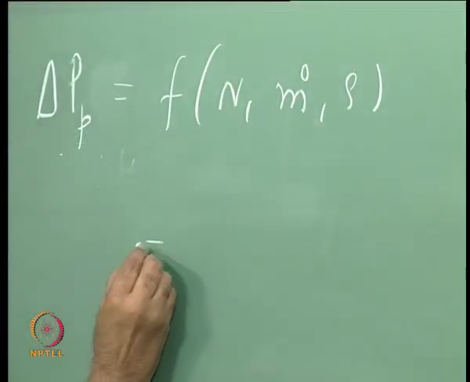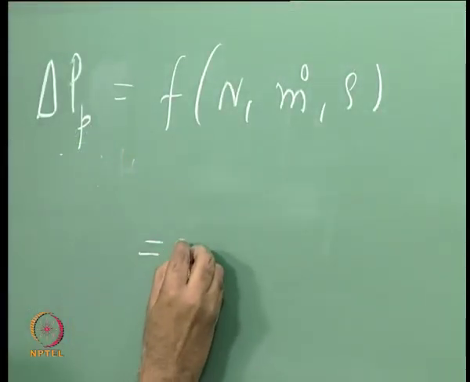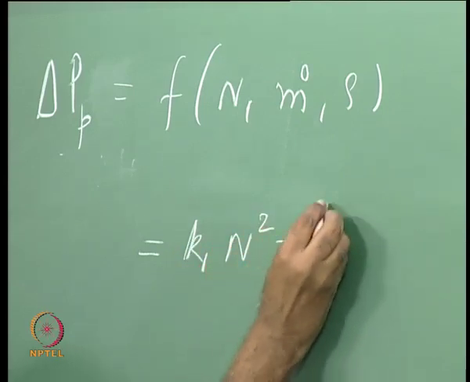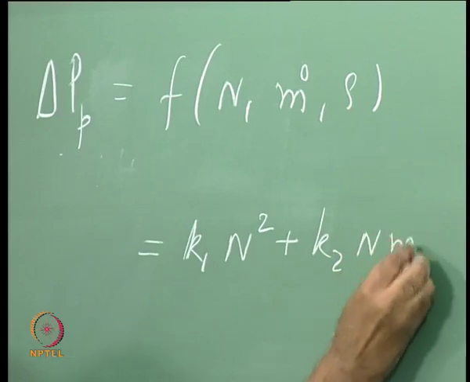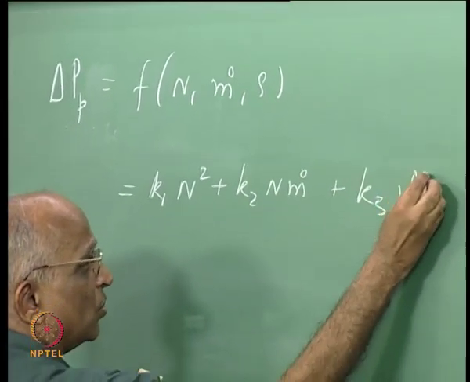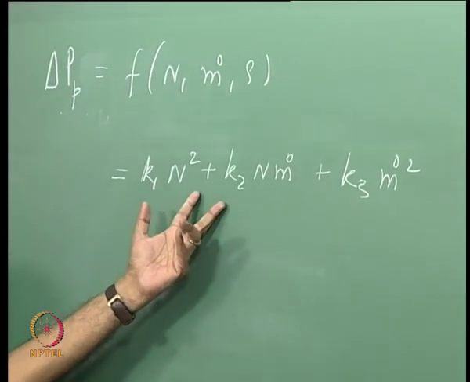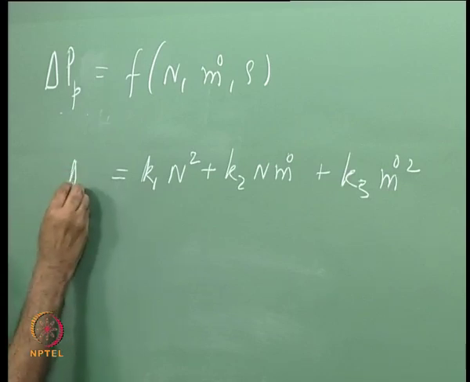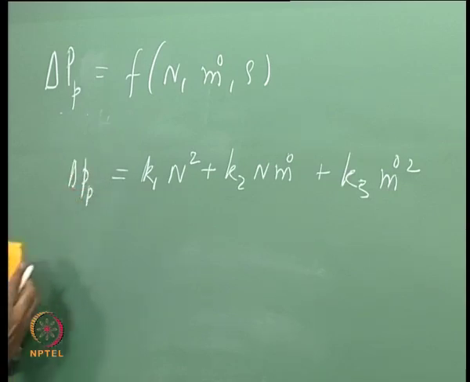I can write this as some constant k into n square plus k2 into n into the mass flow rate plus k3 into m dot square, and this can be proven considering the blade geometry and all that, that the pressure rise across a pump is given by this particular expression.